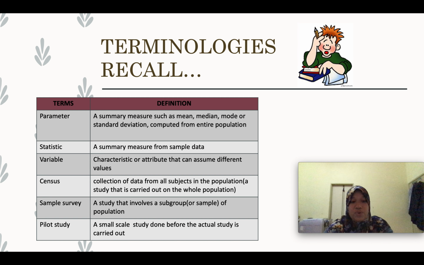Now we look into census. A census is a collection of data from all subjects in the population, which means the study we conduct will involve each and everybody in the population. For example, currently the Department of Statistics is conducting their census.